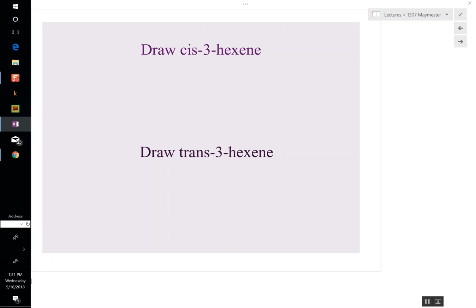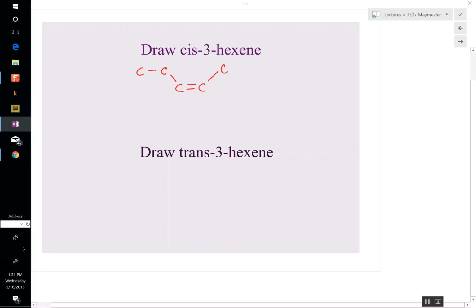Okay, cis 3-hexene. So what I would do, there's where it would start, right there. And it's cis, so same side. The double bond starts on carbon number 3. 1, 2, 3, 4, 5, 6.